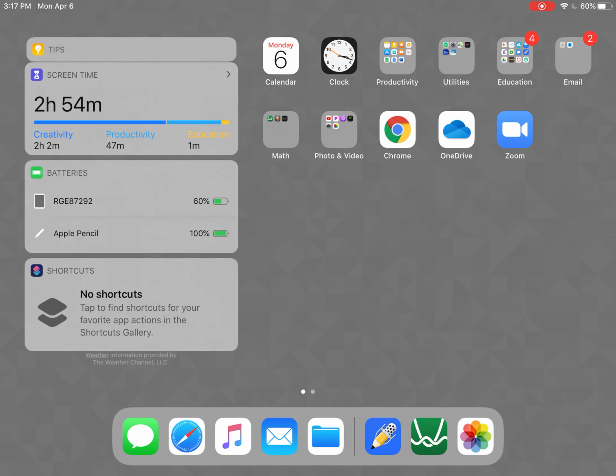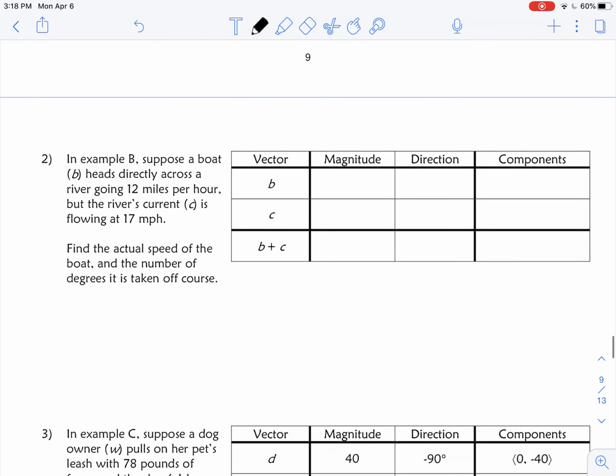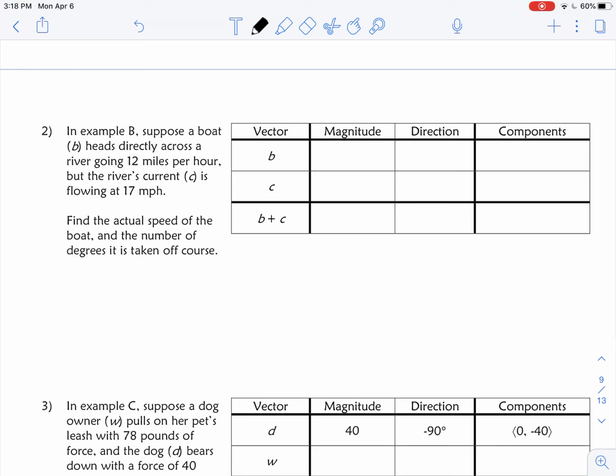And that's about 36.9 degrees. So the actual speed is 10 miles per hour. That is the magnitude. And the angle of the path of the balloon is 36.9 degrees.